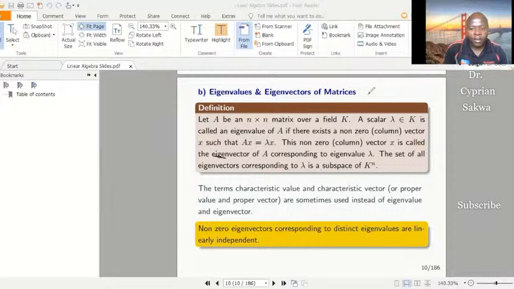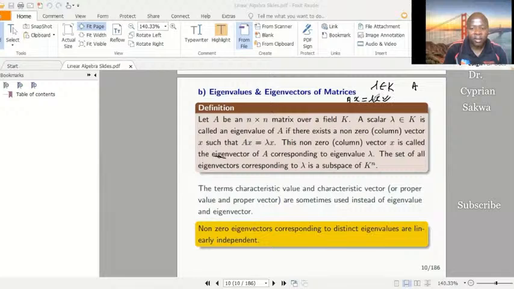So what I mean is that for lambda in K to be an eigenvalue of matrix A, there must be a vector, which we write in column form and call eigenvector X, corresponding to this lambda, such that matrix A times this eigenvector will give you lambda, the eigenvalue, times the eigenvector.